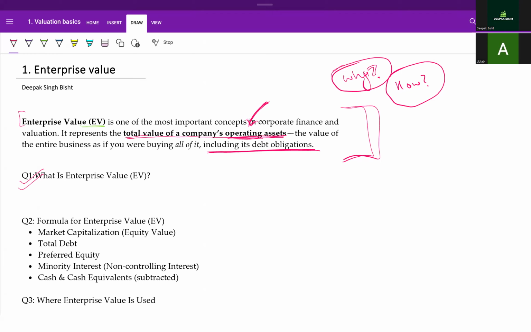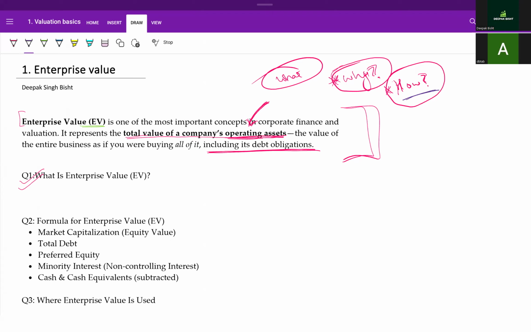This helps you dig deep into the concept. So what is enterprise value? If I'm going to buy a business, this much I am going to pay. That's enterprise value. And how am I going to calculate it?